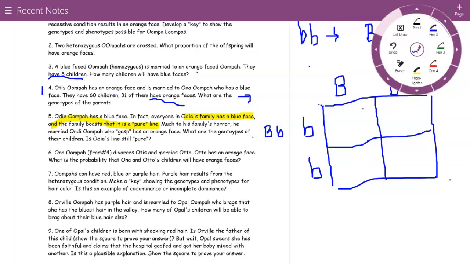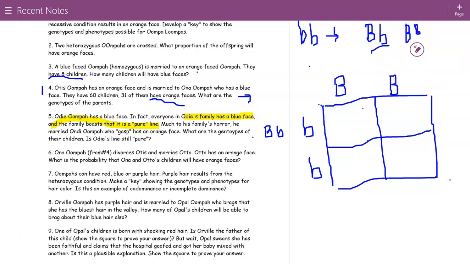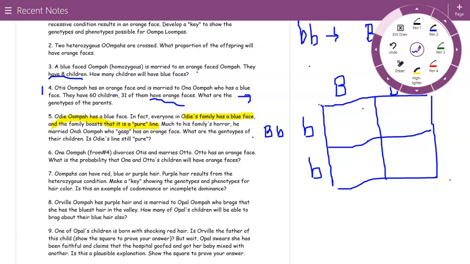We don't know for sure that Odie is homozygous dominant. The pure line and everyone in his family having blue faces should lead us to believe that he's homozygous dominant. And they would have all kids with blue faces. So his family can rest assured. Okay, next question.